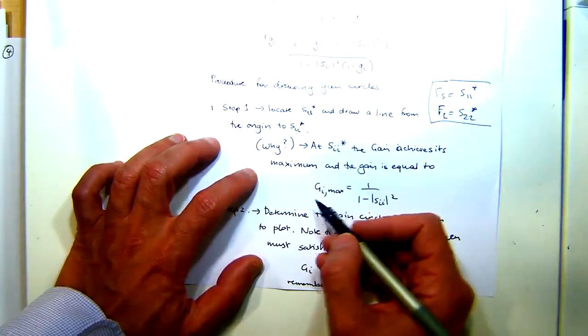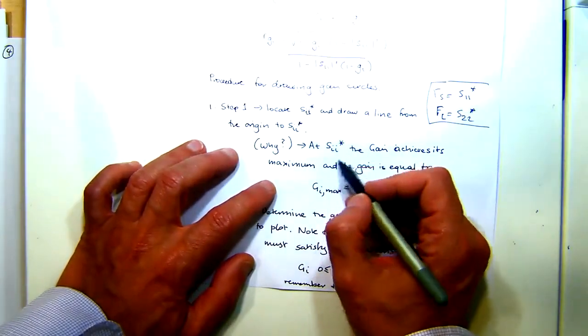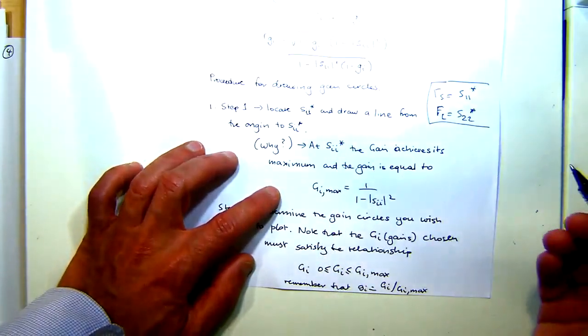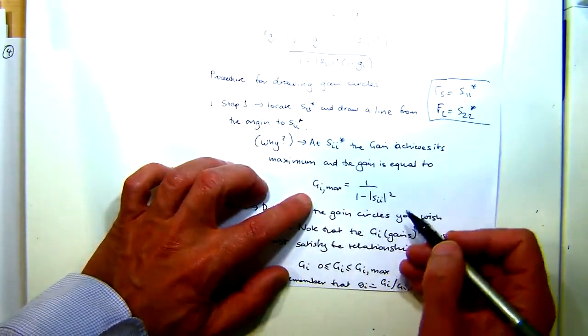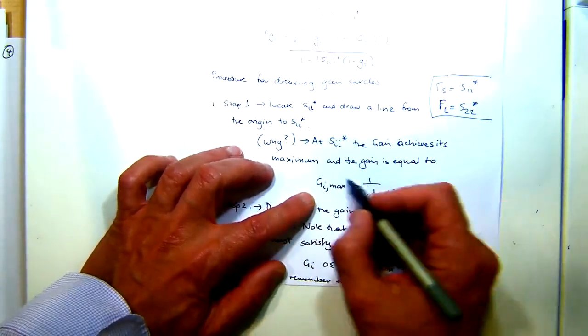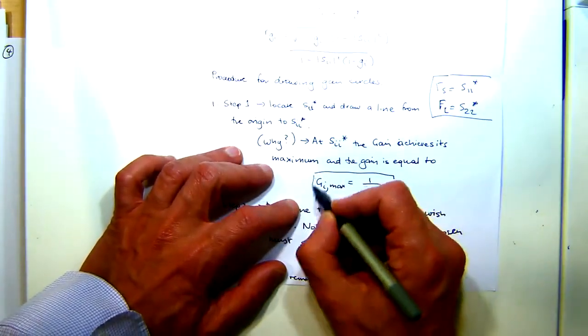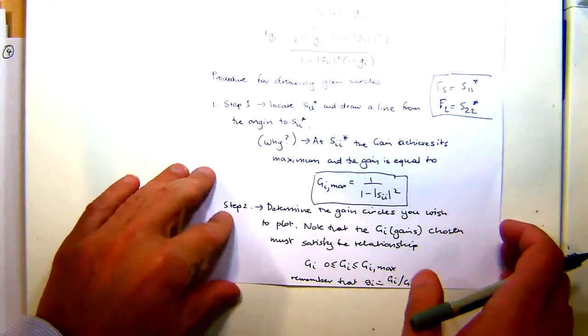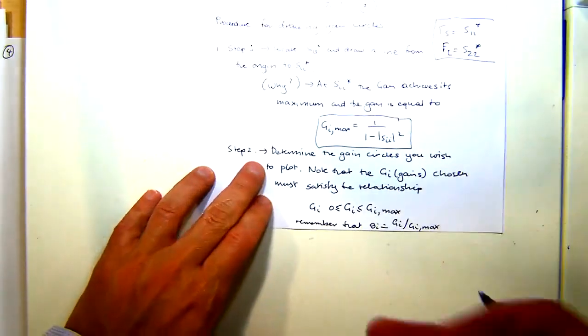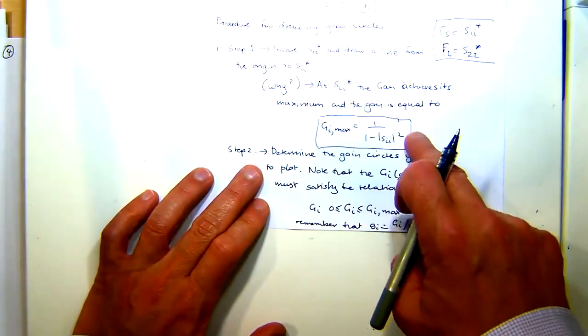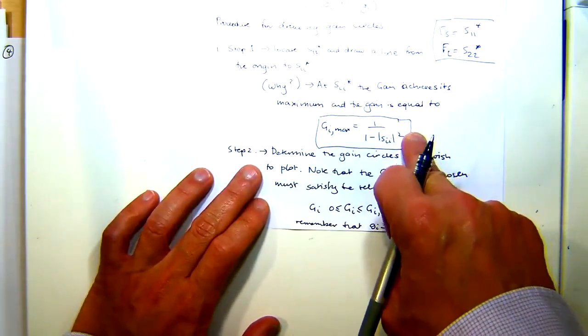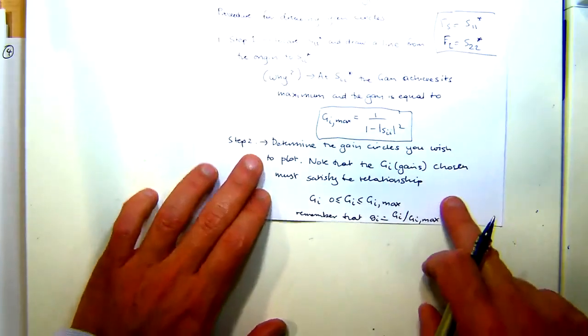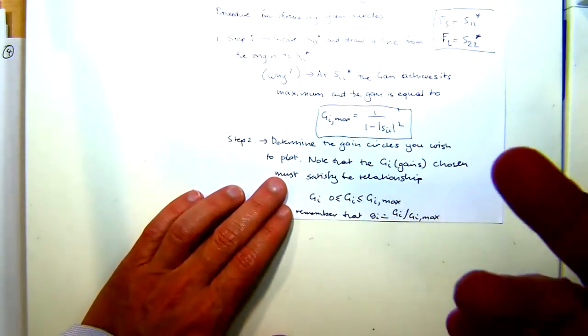We draw a line to it, and at the point where we are at S11 conjugate, we know we achieve the maximum gain for that particular sub-network, and that gain is equal to this specific value. Okay, so the next thing we want to do is look at some gain circles. This is the point at which maximum gain occurs. What we want to do is look at the gain circles.